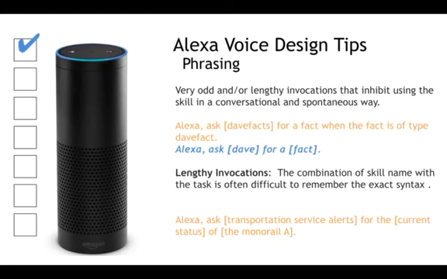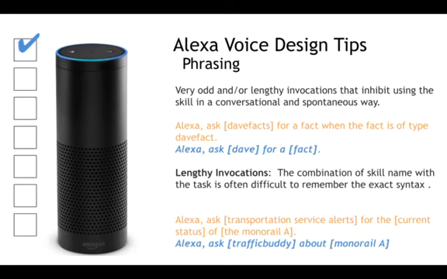Saying something like, "Alexa, ask transportation service alerts for the current status of the monorail A" is very hard to remember, and it's also a mouthful. So you could say something like, "Alexa, ask Traffic Buddy about monorail A." That would, in a sense, convey the exact same message, but in a friendlier way.